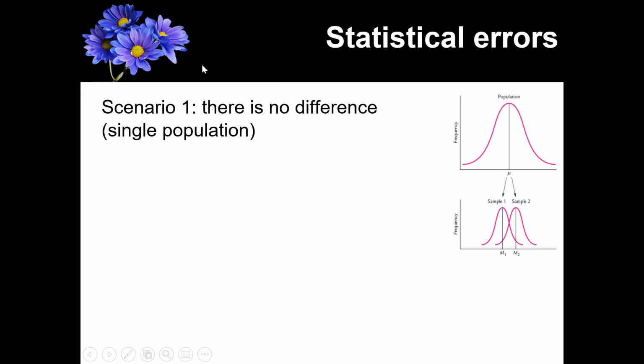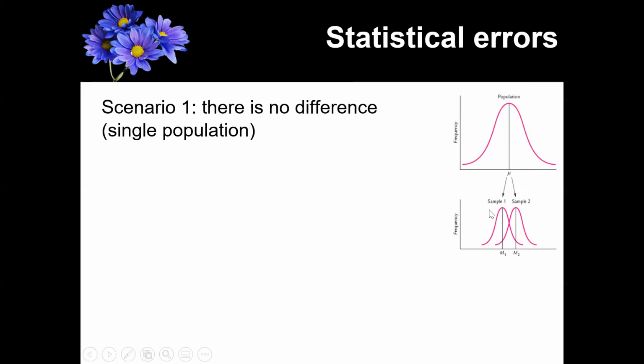One scenario is that there's no actual difference in the population. Hypothetically, maybe cell phones don't distract you while you're driving. So there's no actual difference between cell phone users while driving and non-cell phone users while driving.